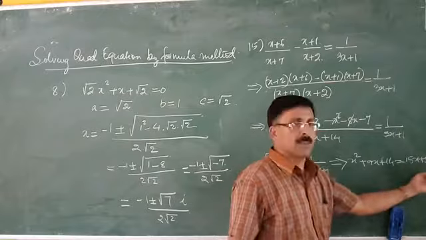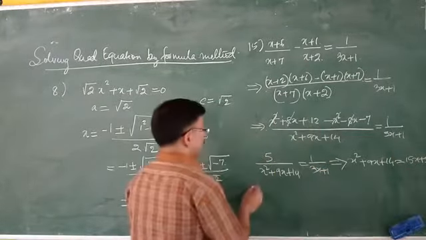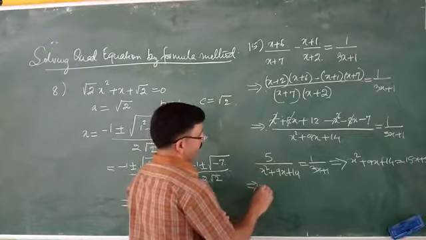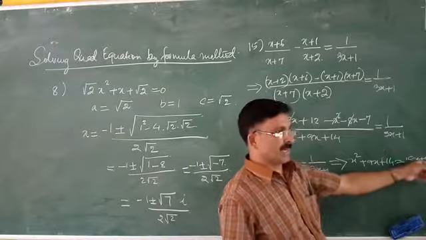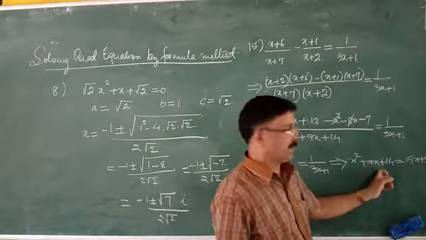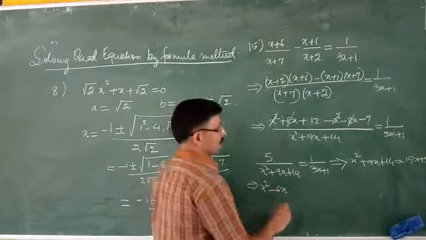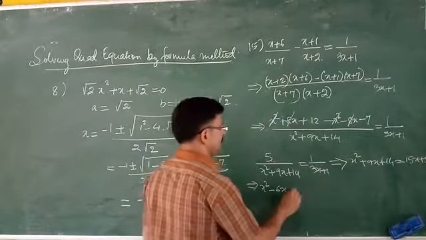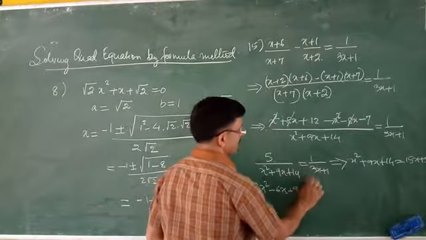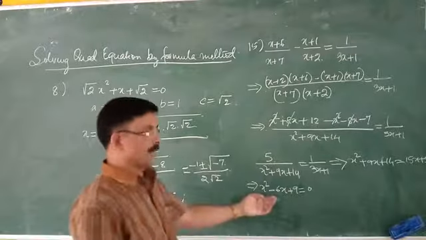So these two terms will also be shifted to the left side. Therefore, this will become x square. Now, this is 9x and this is 15x. This 15x will come to this side and become minus 15x. So 9x minus 15x is minus 6x. Likewise, 14 minus 5 will become 9. x square minus 6x plus 9 is equal to 0. This became your quadratic equation.